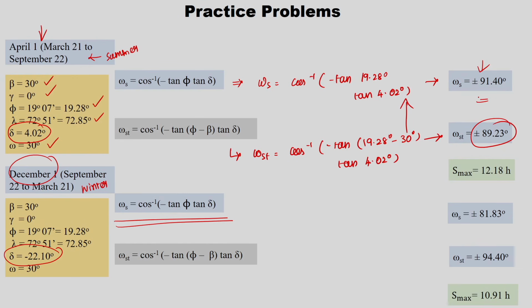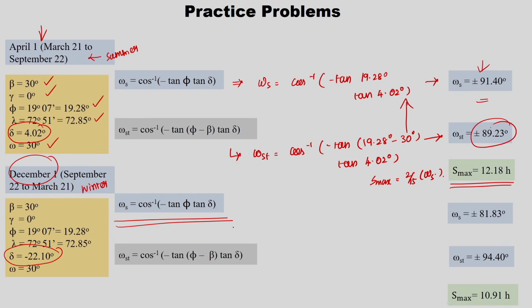Anyway, S max should be calculated for the value of this particular omega, which is nothing but 91.40 degree. So, S max is nothing but 2 upon 15 into omega s.